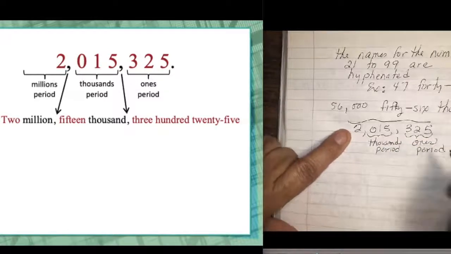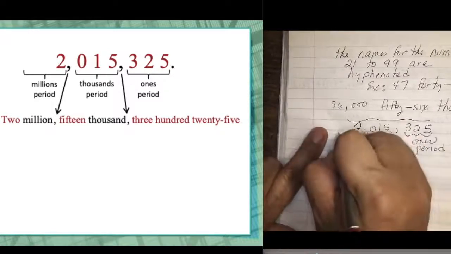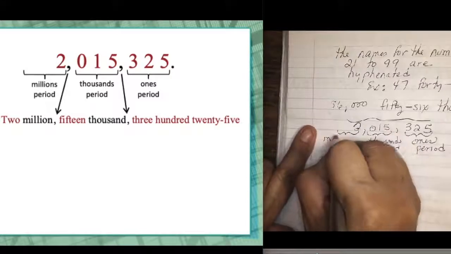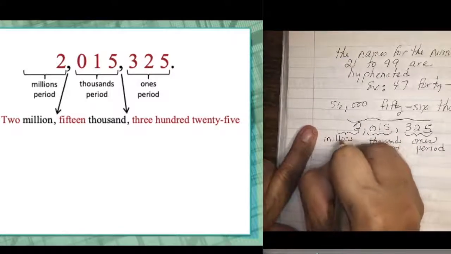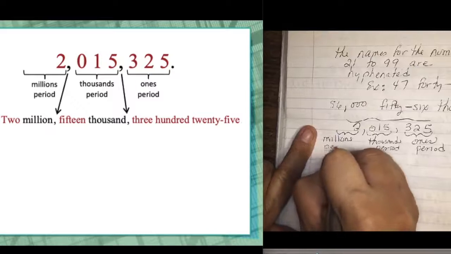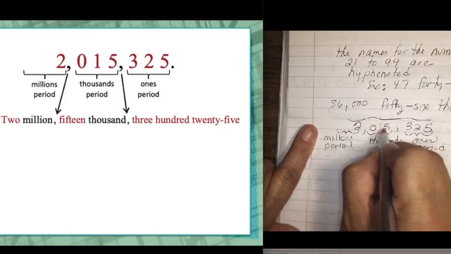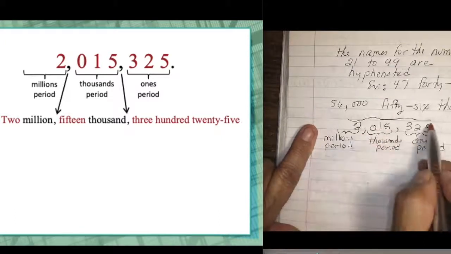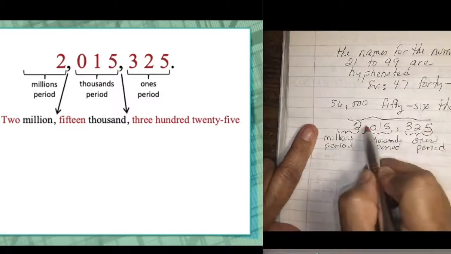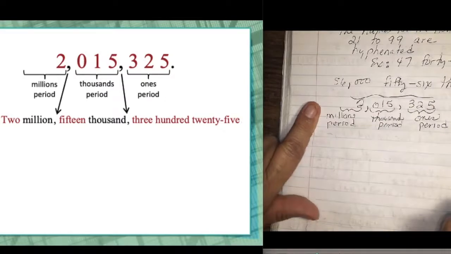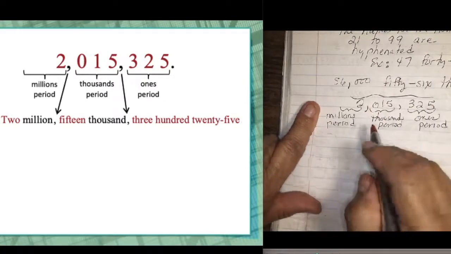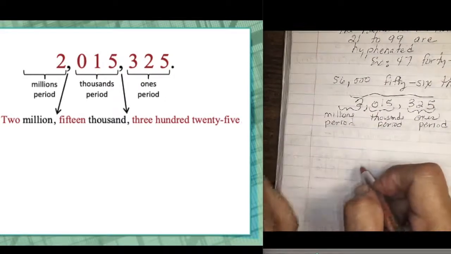And the 2 is in my millions period. Every 3 numbers, there's a comma. And this group of 3 numbers is called a period. Okay. Now remember, the comma really does help me to read my numbers.